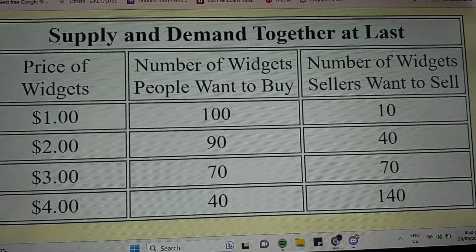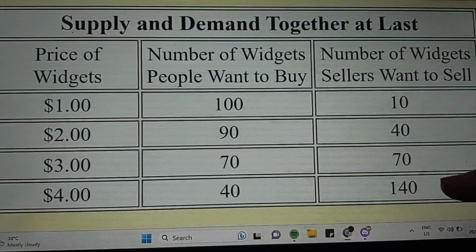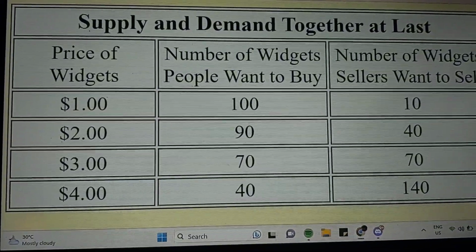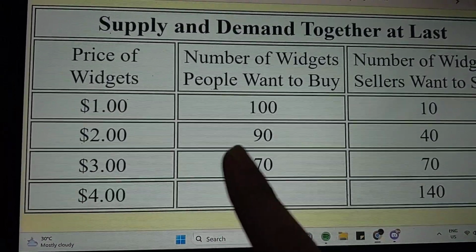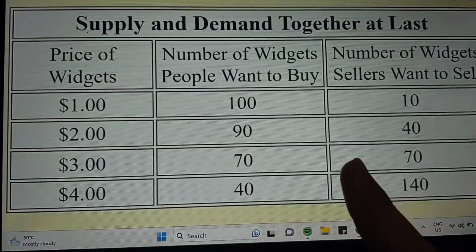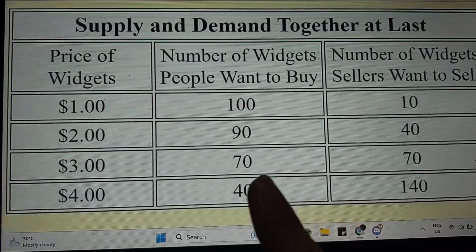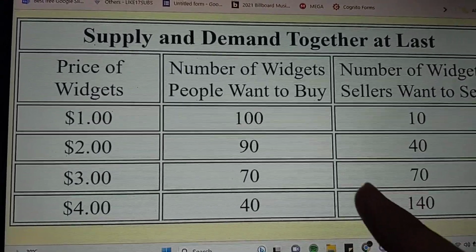For the quantity supplied, we have 10, 40, 70, and 140. As you can see, at the price of $3, we have the same quantity demanded and quantity supplied, which is 70. And this is called the equilibrium.